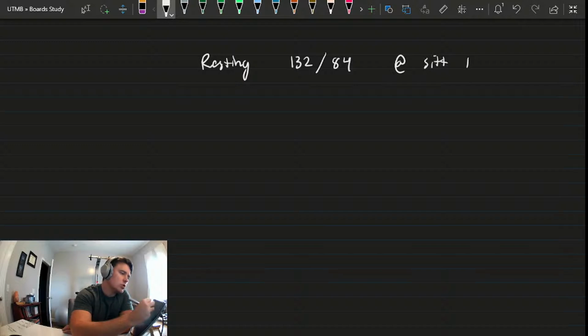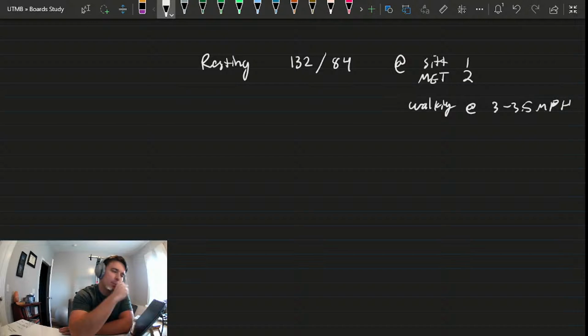So if they just walked in and they're at a metabolic equivalent of 2, and you increase it to, let's say, a 4, they are walking at 3 to 3.5 mph. Okay, that's MET 3.5 or whatever.